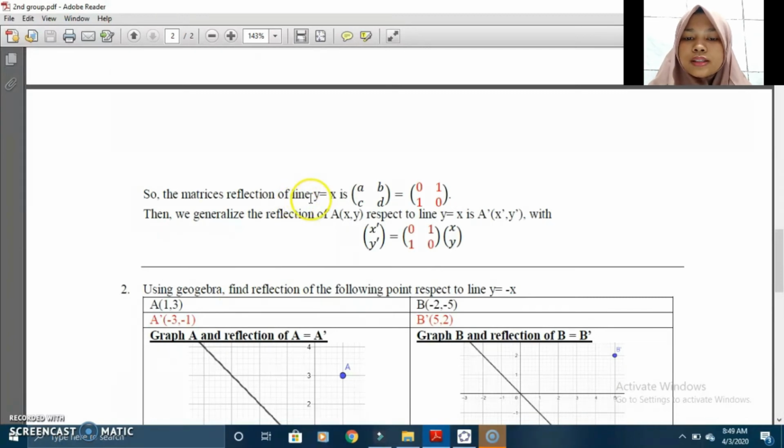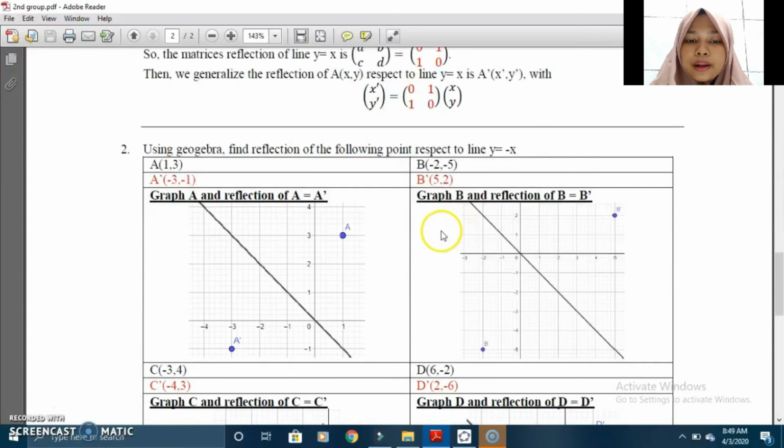So the matrix of reflection with respect to the line y equals x is ABCD, which equals 0, 1, 1, 0. Then we generalize: the reflection of A with coordinates x, y with respect to the line y equals x is A' with coordinates x', y', the multiplication of matrix 0, 1, 1, 0 and matrix x, y.